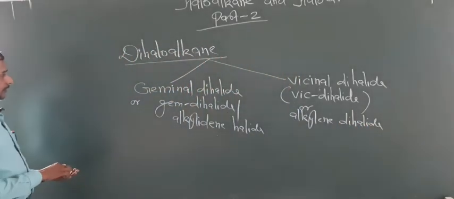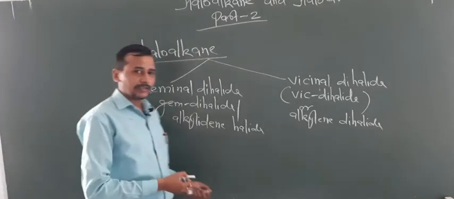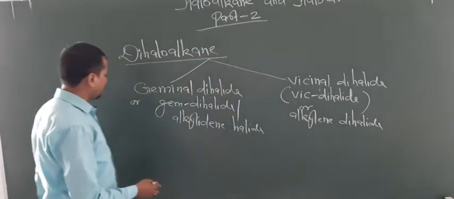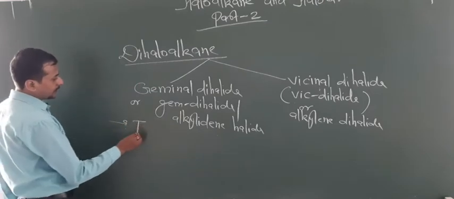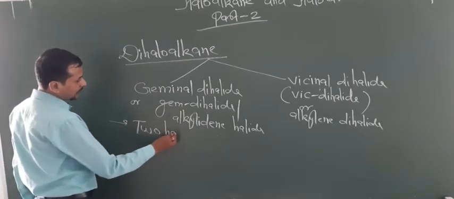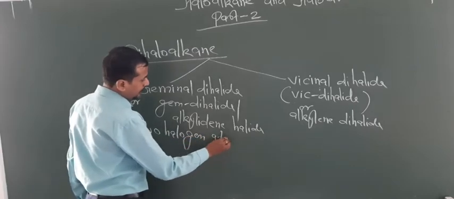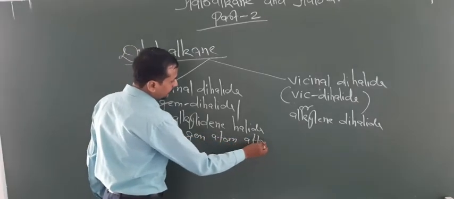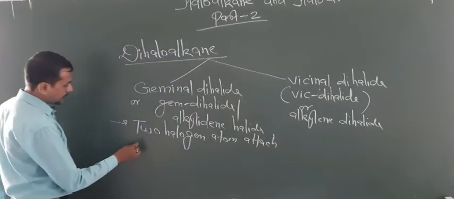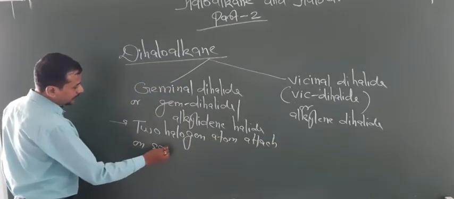Now dear students, why are they called geminal or vicinal? Look here. Here two halogen atoms are attached on the same carbon.